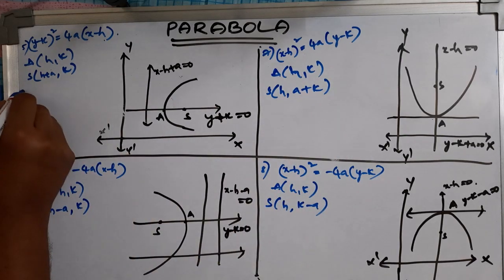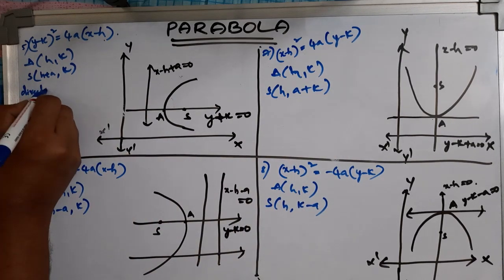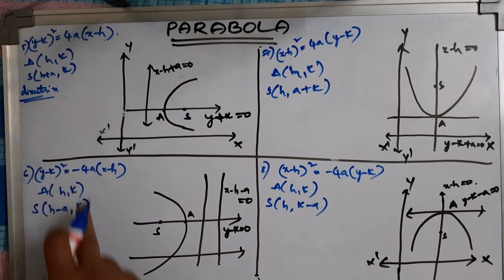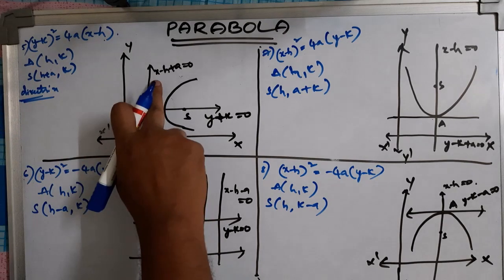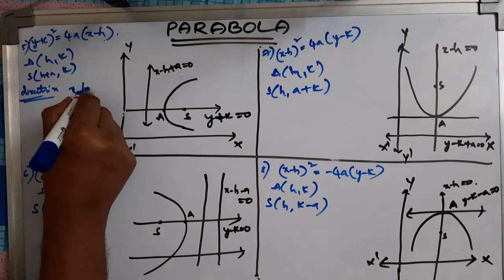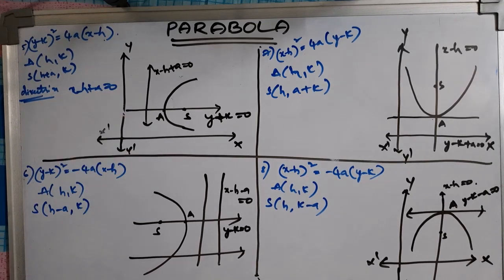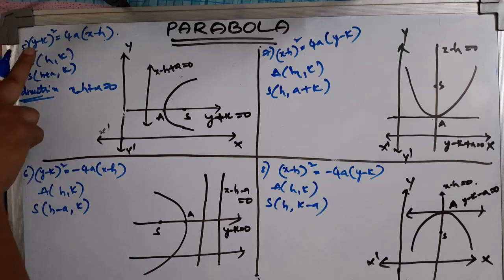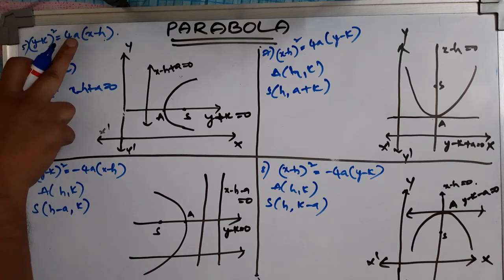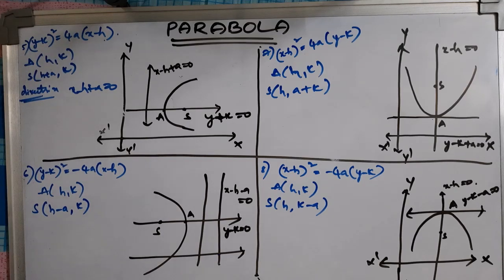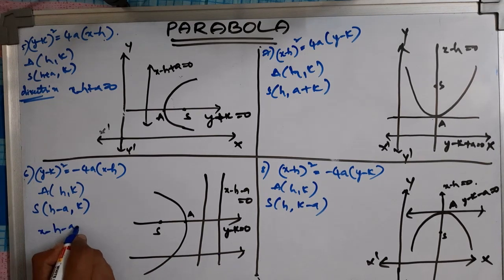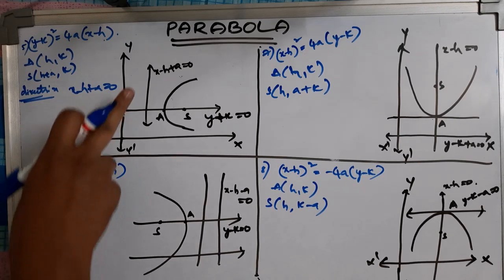Next, we are going to discuss the directrix. In the case of y minus k whole square equals 4a into x minus h, the directrix is x minus h plus a equals 0. In the case of the next one, x minus h minus a equals 0 is the directrix.